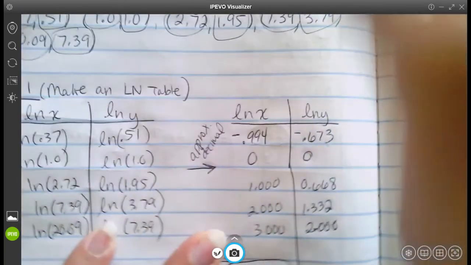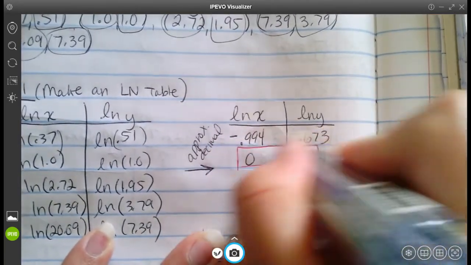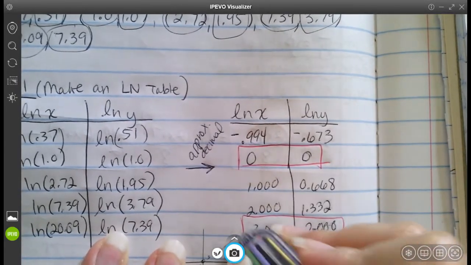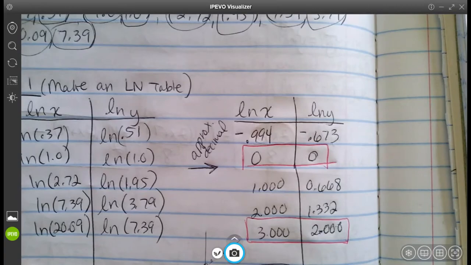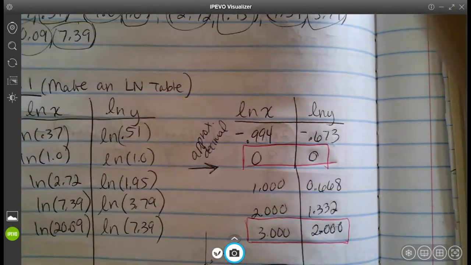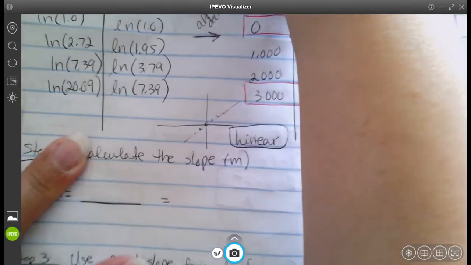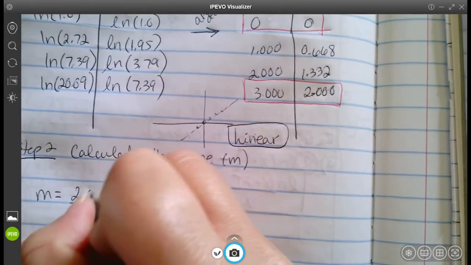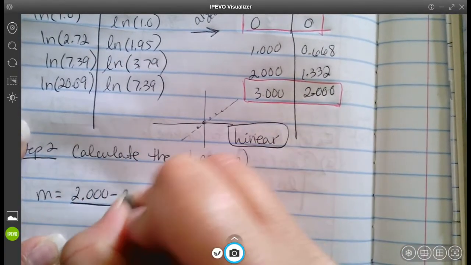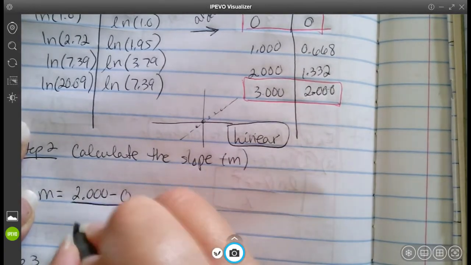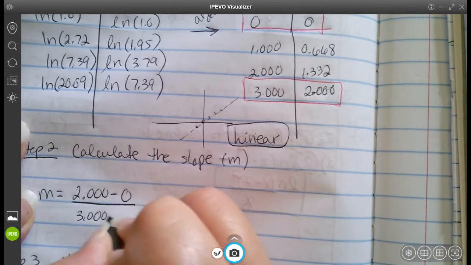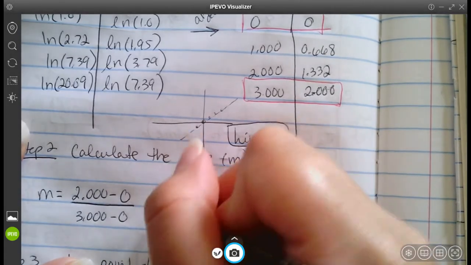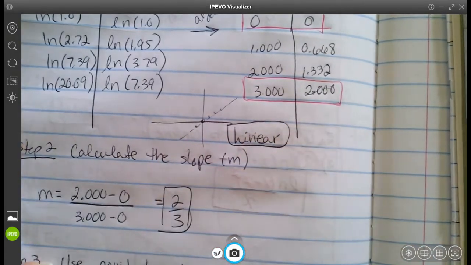I'm going to use 0, 0, and I'm going to use 3, 2. Because those seem like pretty easy numbers to work with. I don't even have to use a calculator for those. So for my y's, I would have 2.00 minus 0. For my x's, 3.000 minus 0, which is 2/3. Okay, so my slope is 2/3.